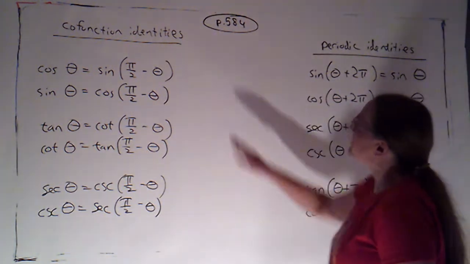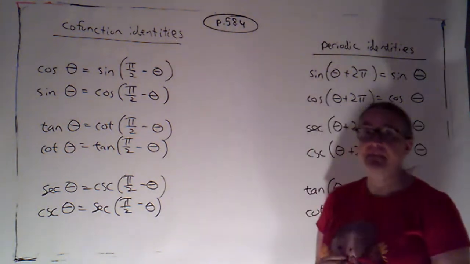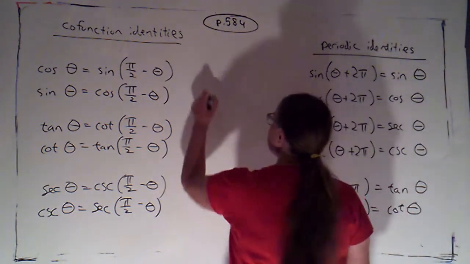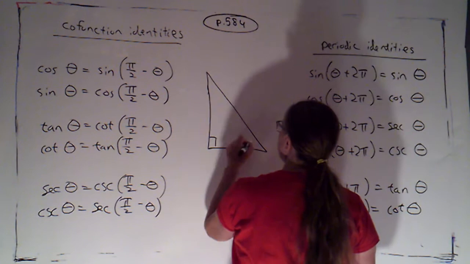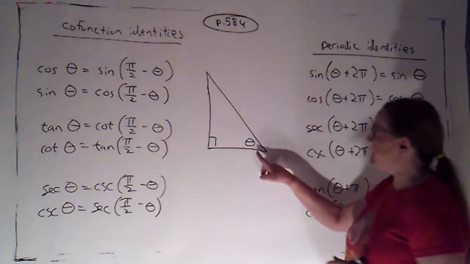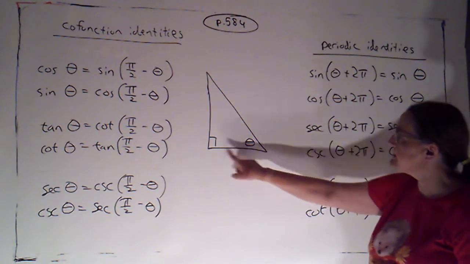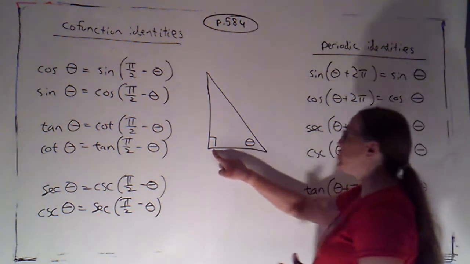Now the cofunction identities, I remember that they're true by thinking about the specific case that theta is an acute angle so that I can use right triangle trigonometry. So if this angle was theta, and I'm measuring in radians, this is 90 degrees, which in radians would be pi over 2.